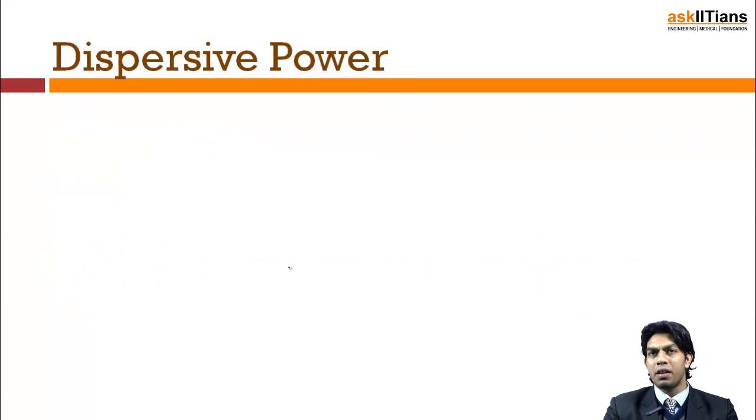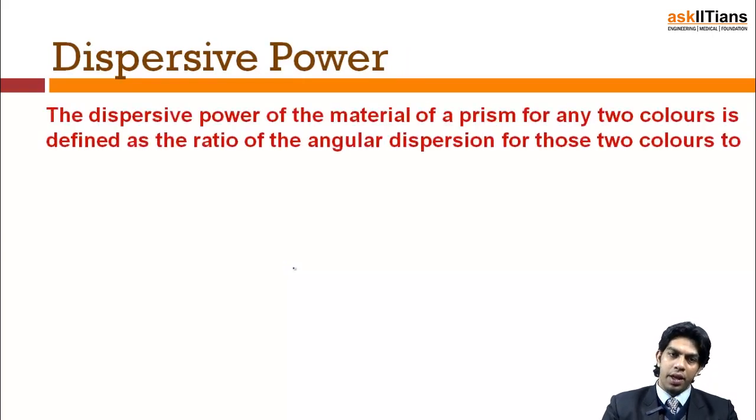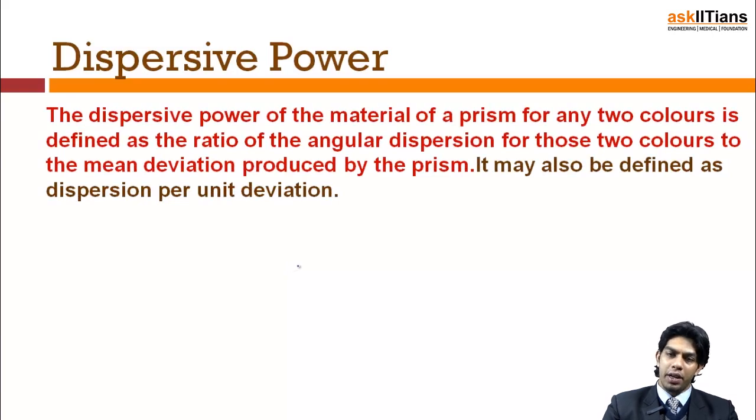Now there is another physical parameter associated with dispersion, that is dispersive power. The dispersive power of the material of the prism for any two colors is defined as the ratio of the angular dispersion for those two colors to the mean deviation produced by the prism. So first, to find the dispersive power, I need to find the angular dispersion for any two colors of my interest and the mean deviation produced by the prism.